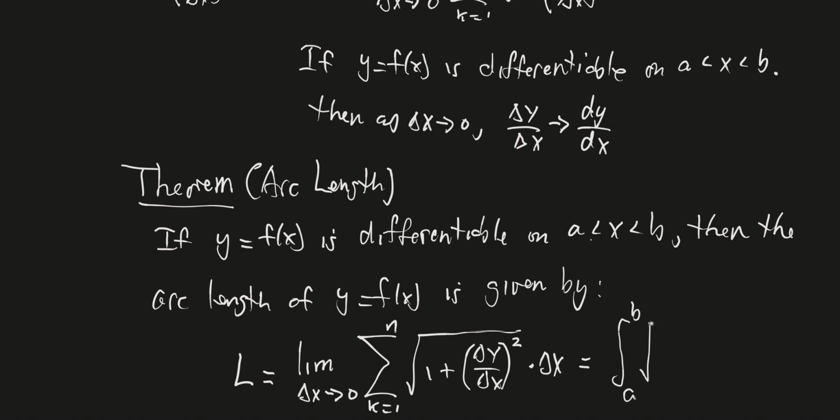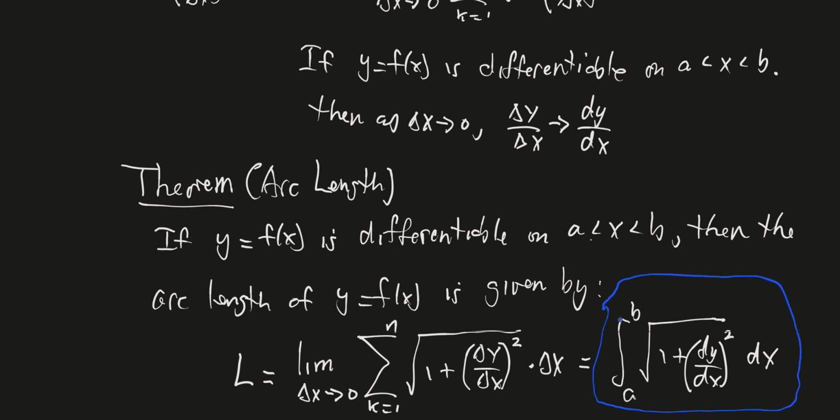The square root of 1 plus, but then I know that delta y over delta x converges to dy over dx, but it's the derivative of the function squared, and then we integrate that with respect to x, right? So this is another famous formula for definite integrals, and this is the formula for arc length, right?